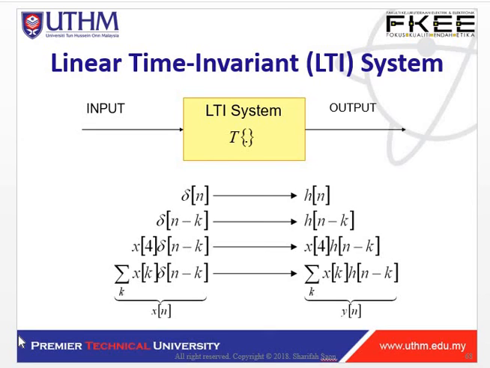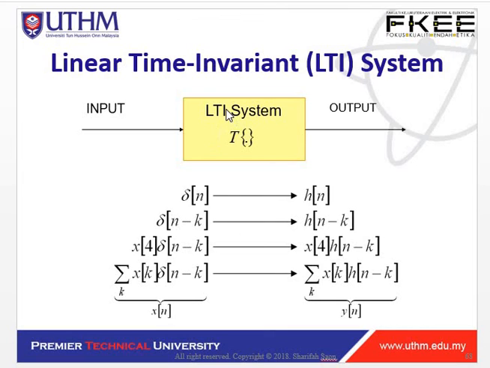For an LTI system, the input delta[n] will produce the output h[n]. The input delta[n-k] produces the output, after the shift of the impulse, h[n-k]. Similarly, x[k] delta[n-k] will give x[k] h[n-k]. All of this refers to x[n], and this one is y[n].